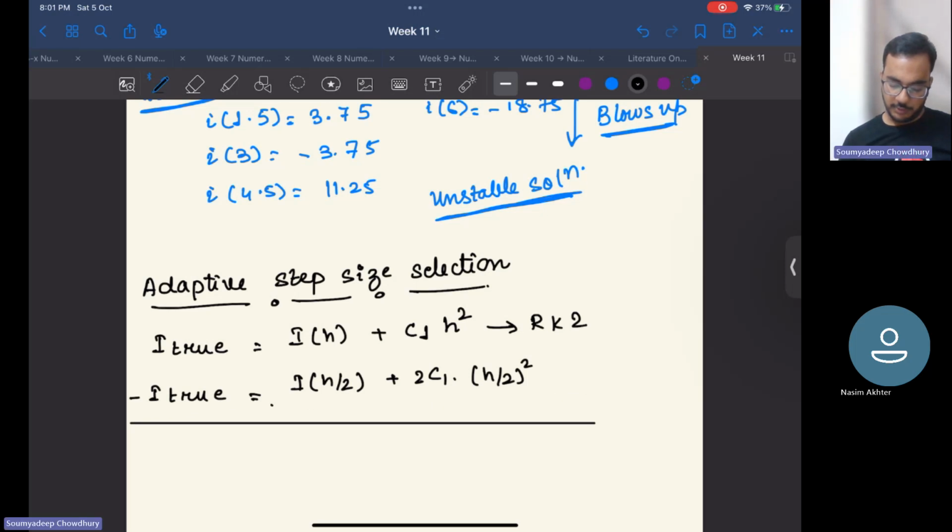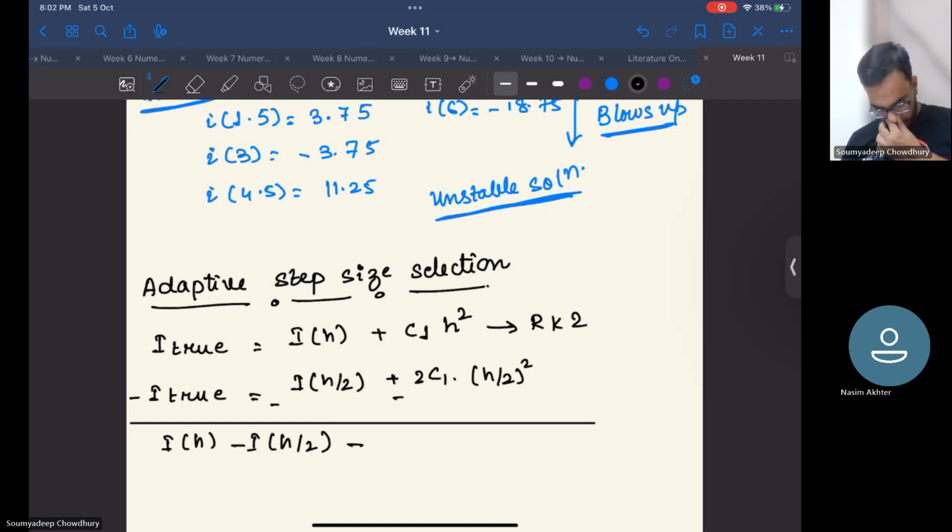So if we subtract these equations, we'll get I of H minus I of H by 2 equals C1 H square minus C1 H square by 2, that is, plus C1 H square by 2 equals 0.